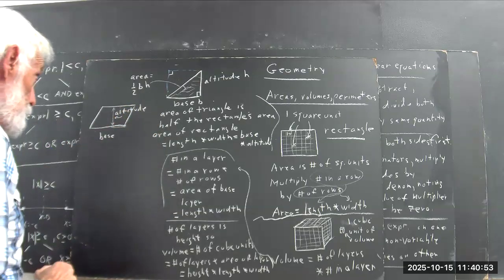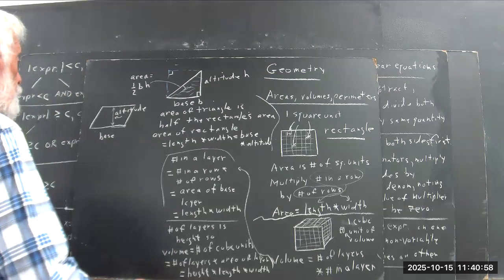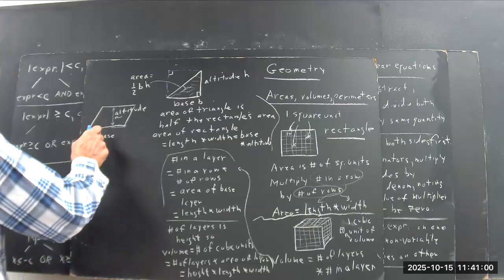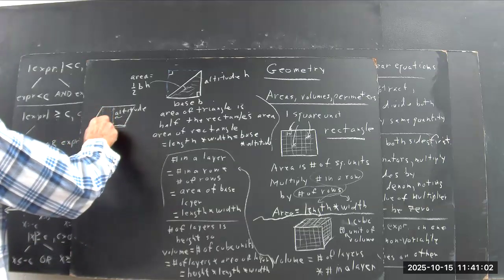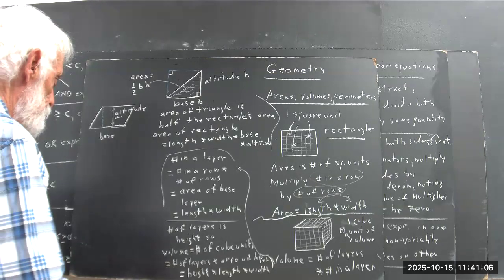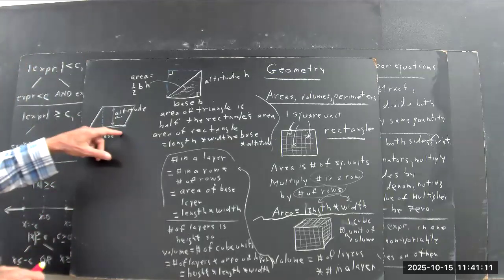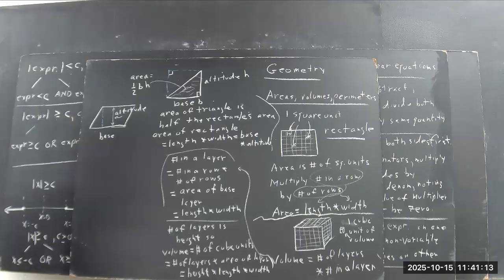Here's your altitude. In order to find the area, we have to use the base and the altitude, not the length of this side and the length of this side.